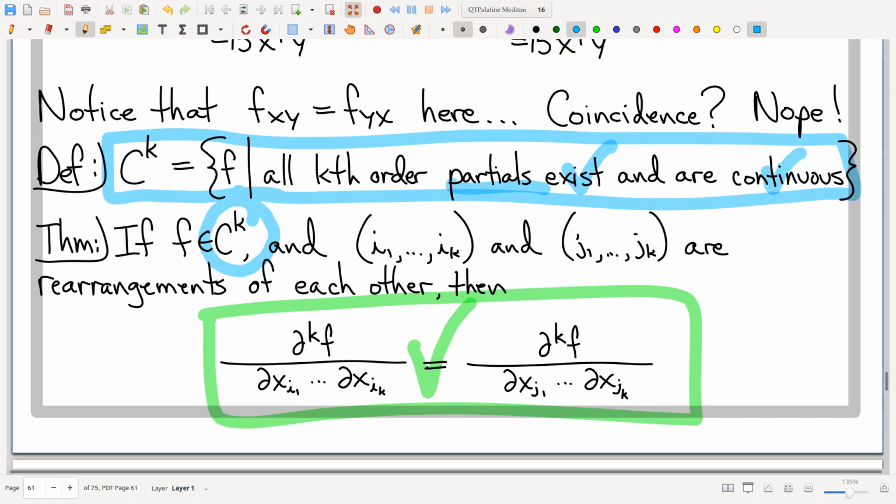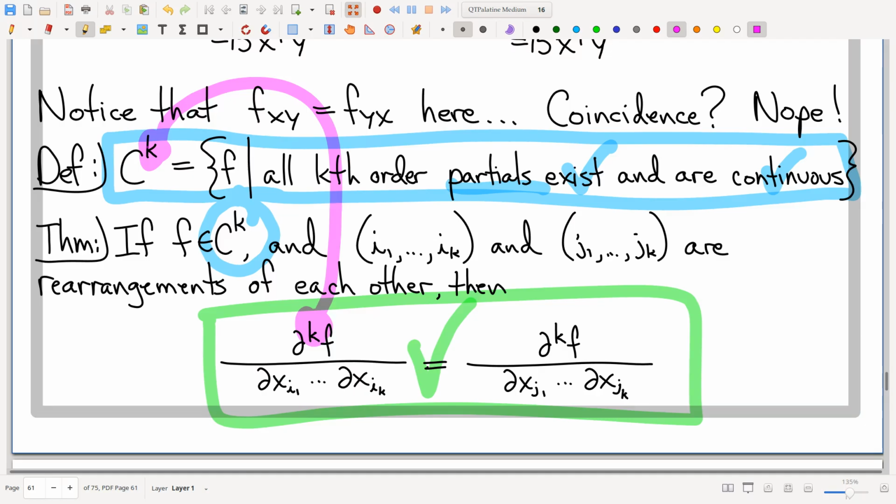However many grand total partials you want to talk about, that's how many we have to know exist and are continuous. That's what's called being a C^k function. And the good news is there are broad categories of functions that are obviously not only C^k, but C infinity. So for example, polynomials.